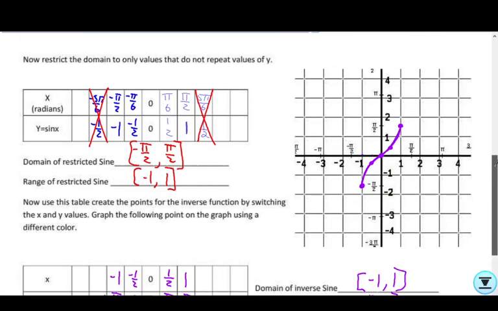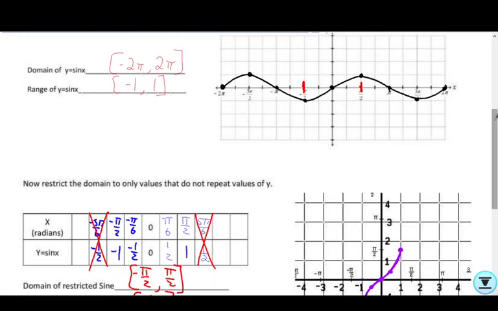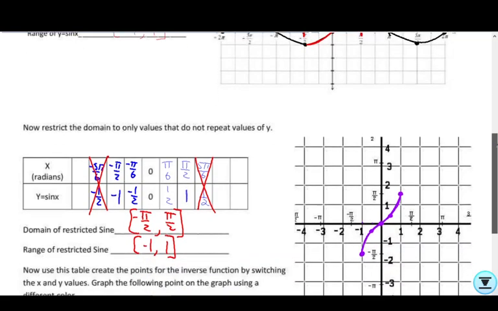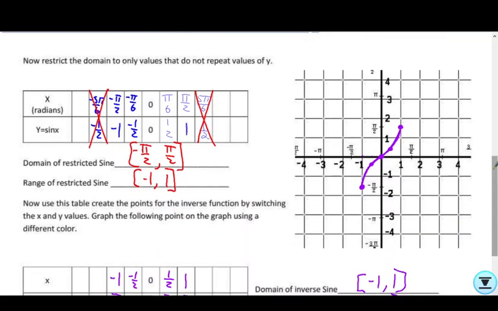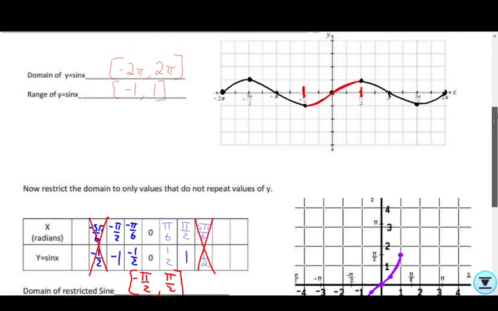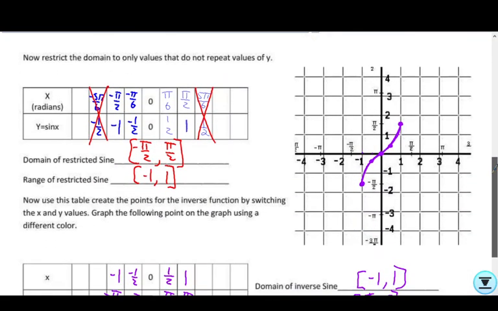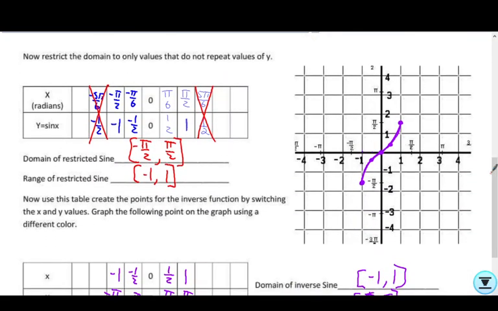And if you go back up here and look at this one, we had just said that when we restricted the domain, we're basically using this piece right here, right? Well, the reason I have it on both of these is if I put that piece down here on this one, you would see that it would look something like this.